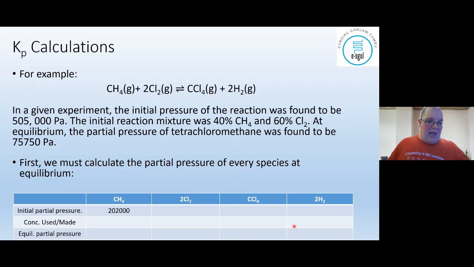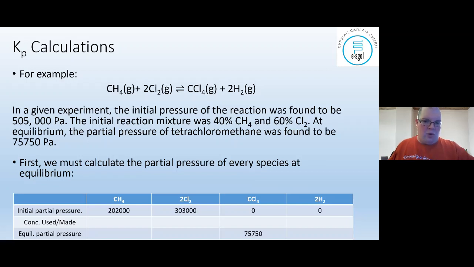Then we work out 60%, or you can just subtract that value from the total, to get our chlorine value, which is 303,000. And because the products haven't been mentioned, we just put that at 0. They haven't been used yet. And then we're told that tetrachloromethane has a partial pressure of 75,750. And so we can bung that in there.